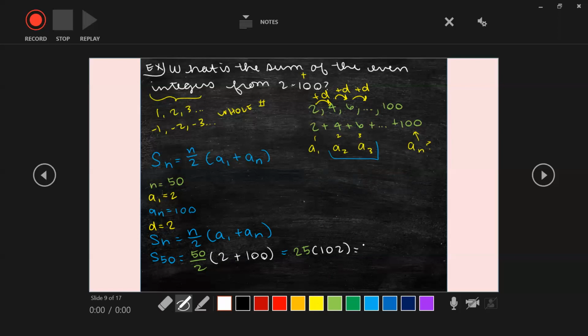What's our answer there? 2,550. Yep, that's what I got. So what does 2550 mean? That's our sum, the sum of our finite series.